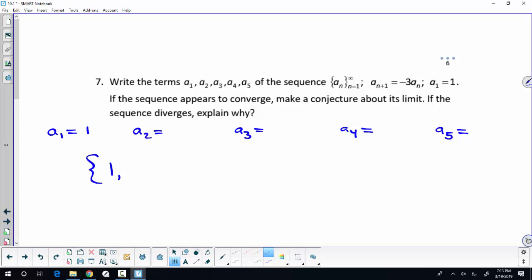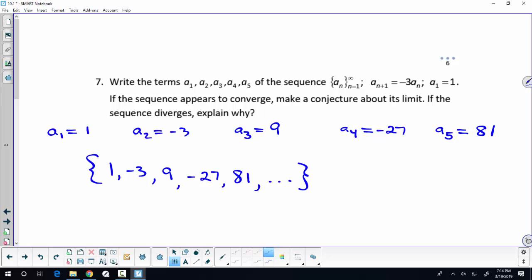So what's a sub 2? Negative 3. A sub 3? Positive 9. A sub 4? Negative 27. And a sub 5? Positive 81. So that's just the first 5. Continue on.